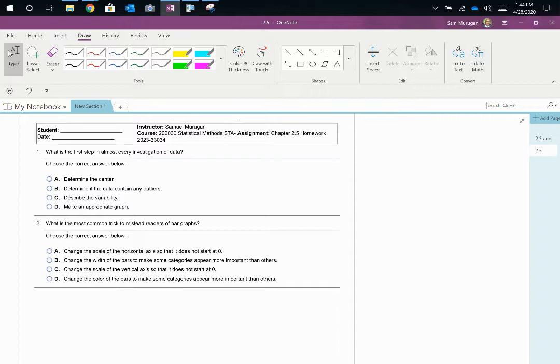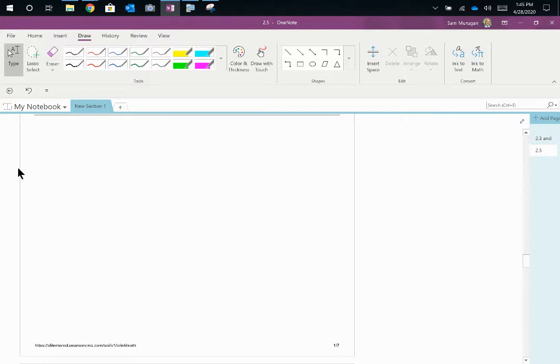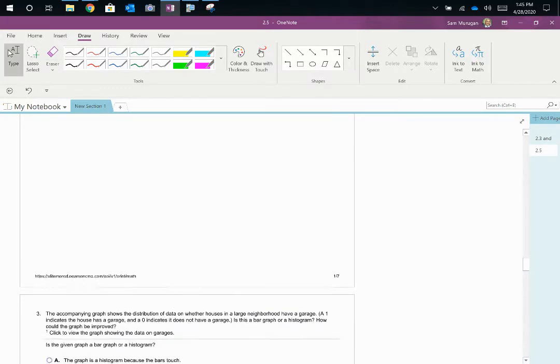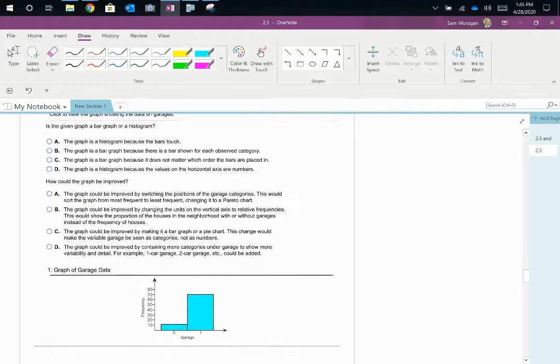And the most common trick, of course, is to not use a 0 axis, which is likely answer C here. Change the scale on the vertical axis so that it doesn't start on 0, as we saw in the 2 problems a minute ago. Now, we can move on to what the problems actually look like.